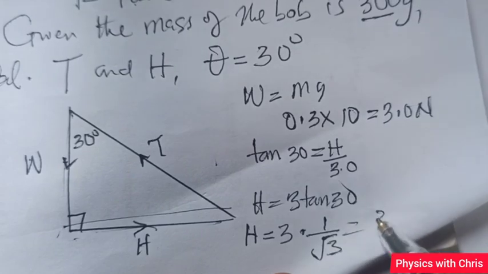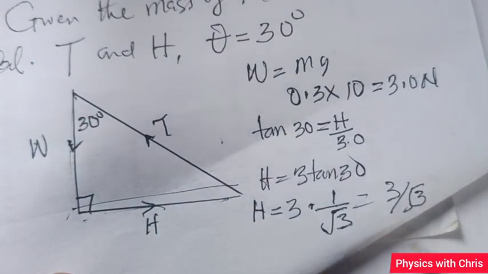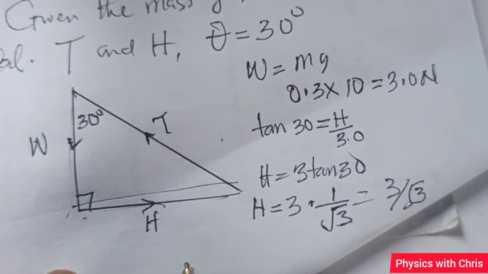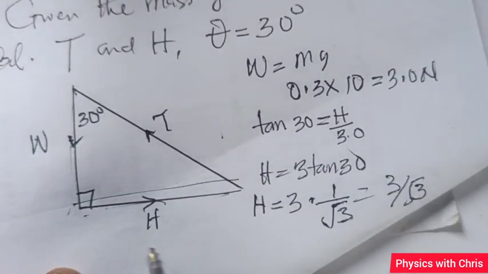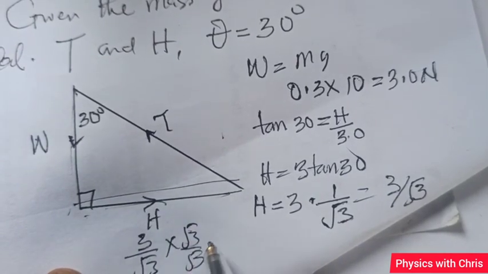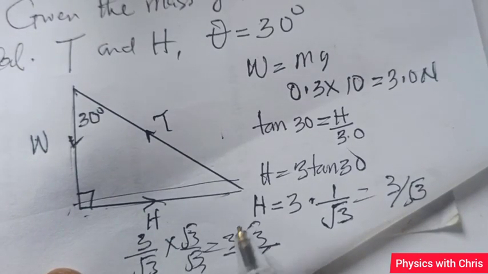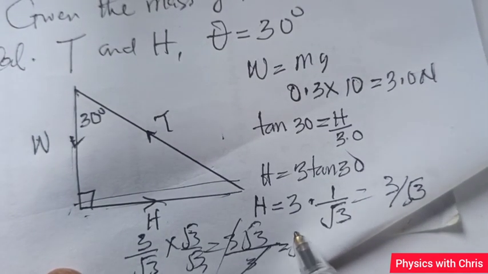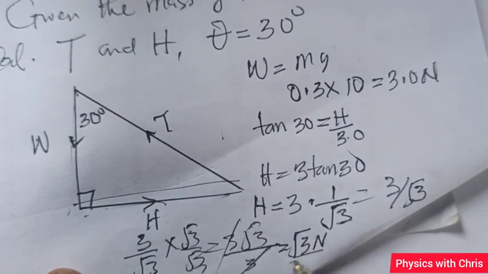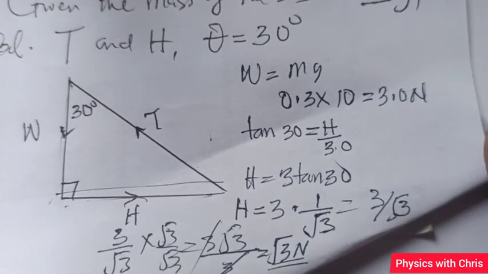That gives me 3 over root 3. If I rationalize that, I have 3 over root 3 multiplied by root 3 over root 3. That gives me 3 root 3 divided by 3. The 3 cancels 3, that gives me root 3 Newton. Root 3 is about 1.73. So that is the value of force H.